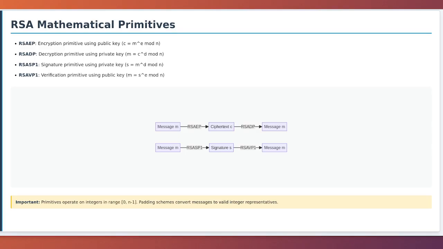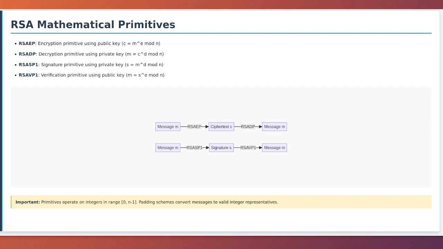This operation takes a message representative m, which must be an integer between 0 and n-1, and raises it to the power of the public exponent e, then takes the result modulo n. Mathematically, ciphertext c equals m to the power e mod n.